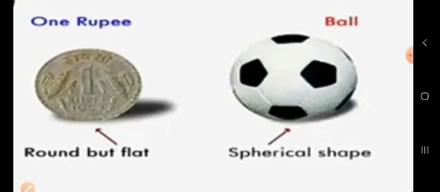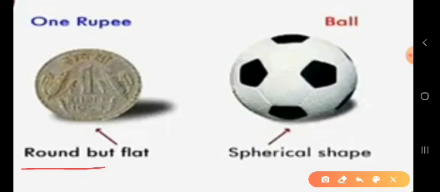Now here, children, in the first picture we have a 1 rupee coin. This one is round but flat, whereas this ball is spherical in shape. Children, can you see the difference between both the shapes?